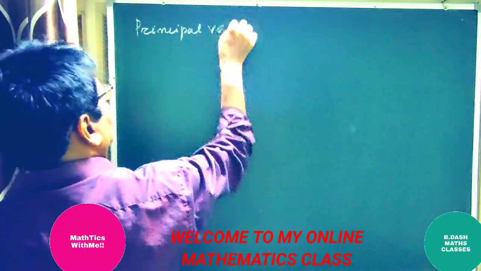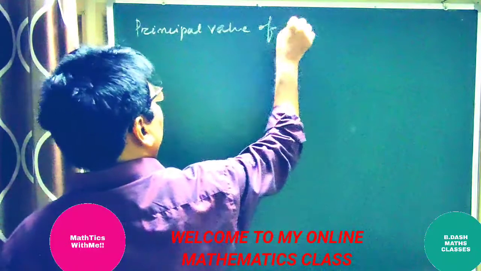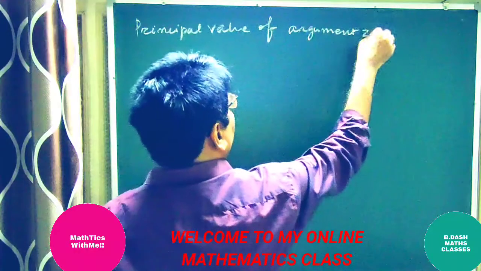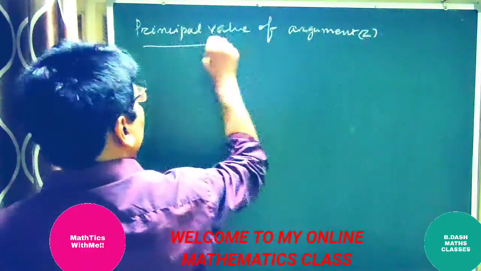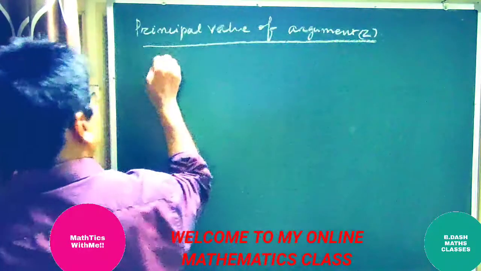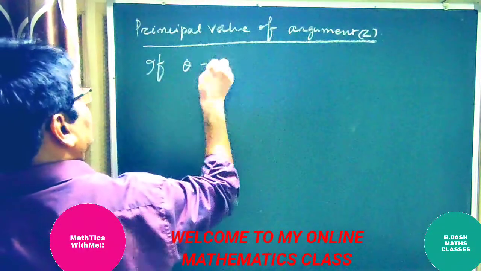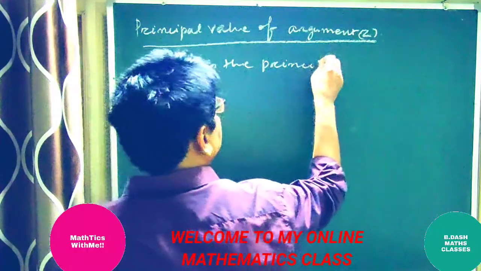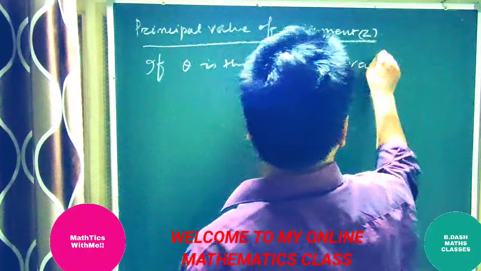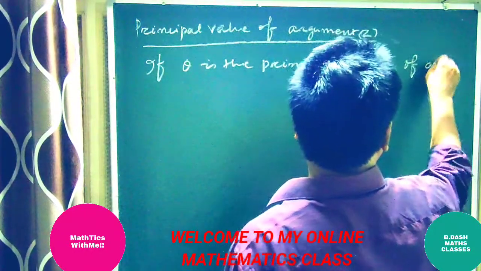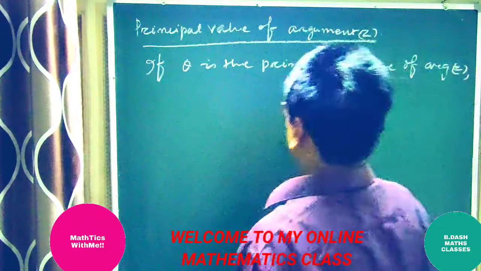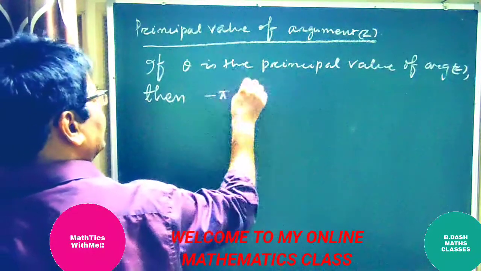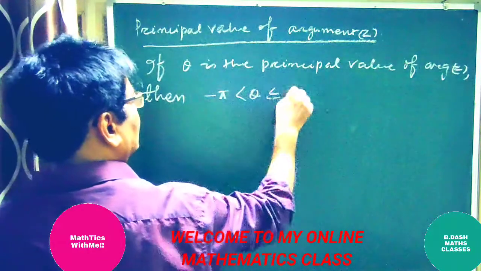Principal value of argument z. If theta is the principal value of argument of z, then minus pi less than theta less than or equal to pi.